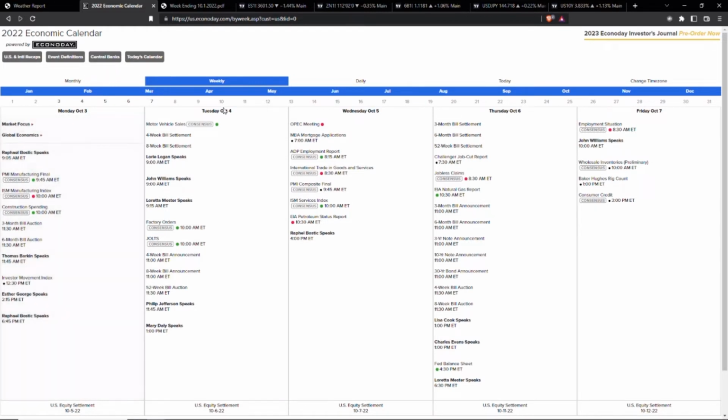Tuesday, we've got more Fed speakers and factory orders and JOLTS. Wednesday, we've got OPEC meeting, ADP employment report, international trade in goods and services, ISM services index, and the EIA petroleum status report. Thursday, we've got jobless claims, EIA natural gas report, and the Fed balance sheet. And Friday, pretty light day, we've got the employment situation only.